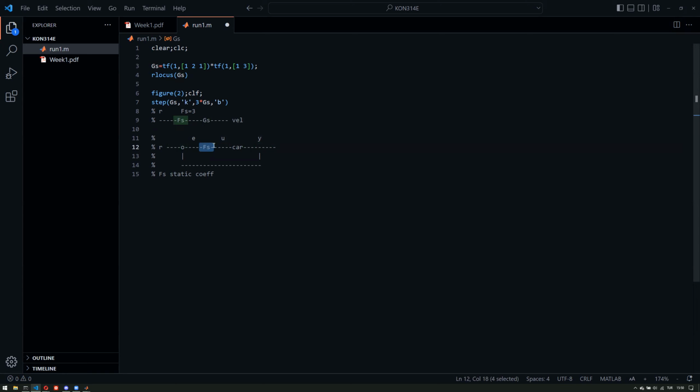Whereas here, as we'll see as we progress in this course, this has an effect on the poles. Therefore, we have to be careful about our choice of the coefficient here. So there's a big difference between open loop and closed loop control strategy. Now, let's assume that we are looking for the static coefficient, because it could have some dynamic parts in it.